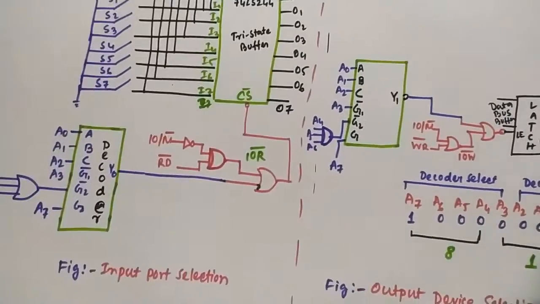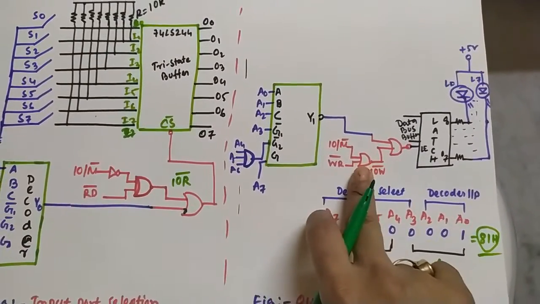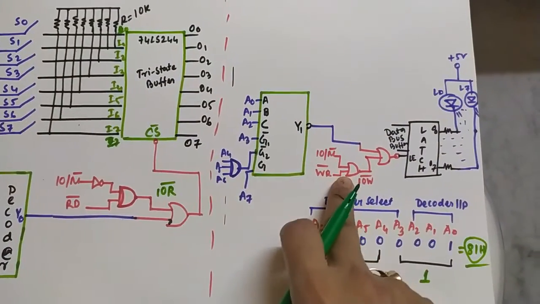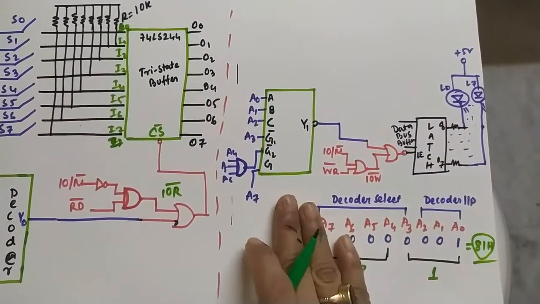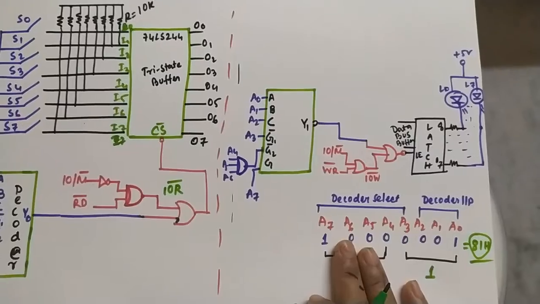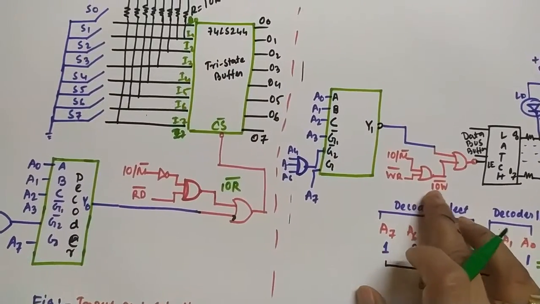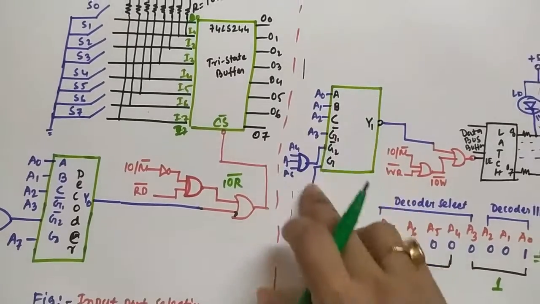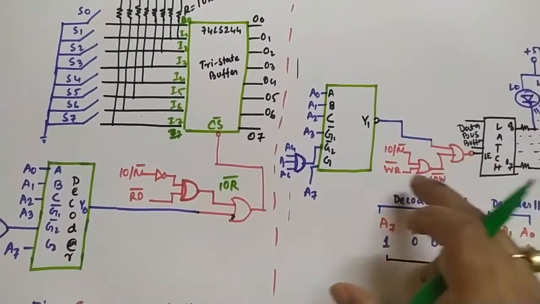So in the case of output device selection, first we have to generate the operating signal. That means here IOW, because this is the output portion and the write operation is going on, so we have to generate the IOW bar signal. Okay, and this is also the same decoder used here.